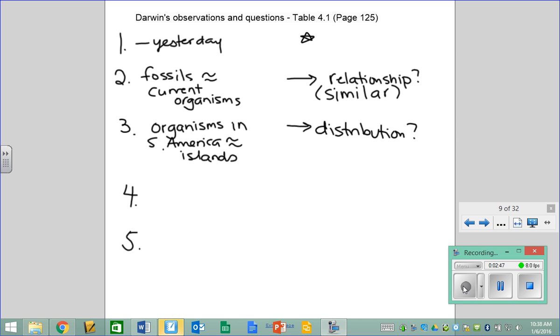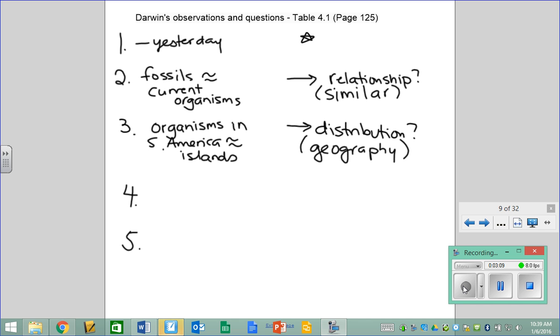If things are just created and they do not change over time and their environment has nothing to do with it, why are the things that are close to South America really similar to the things that are in South America? The thing that's often mentioned here is the idea of geography.